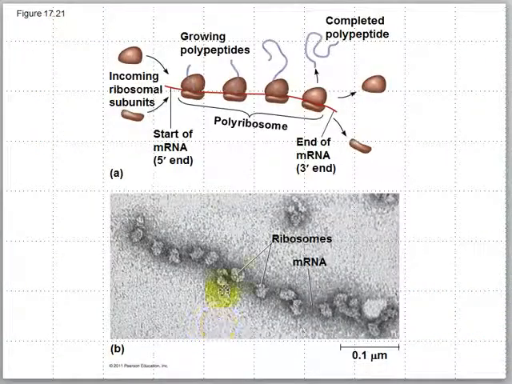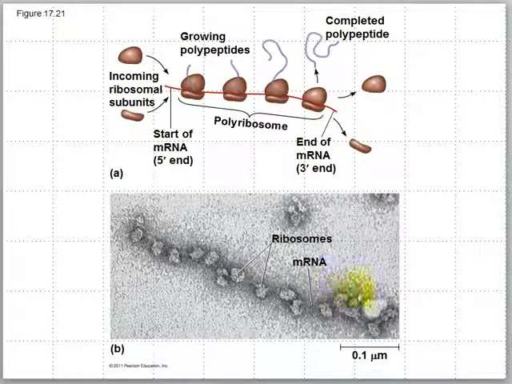I love it when you can take a nice illustration and put it right up against the actual microscope picture. So here we have a polyribosome or a polysome. It's made up of multiple ribosomes all reading off of the same messenger RNA and creating long polypeptide chains. And this one has just been finished and it's come loose, and then these are growing and being added to.